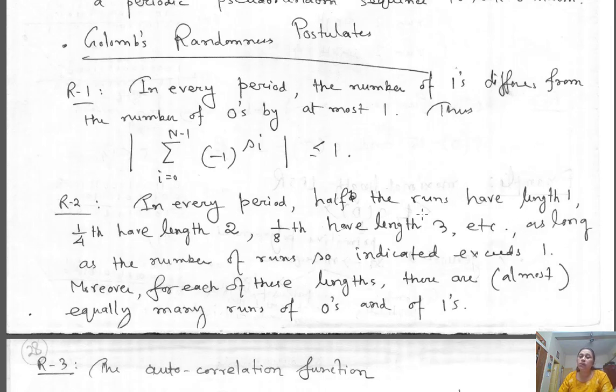So you count the number of runs. In every period, half the runs have length 1. So you count length 1 runs, length 2 runs, length 3 runs, length 4 runs, and you keep on doing that.